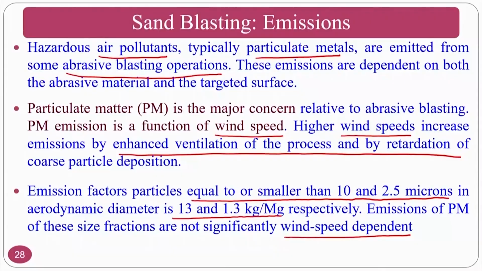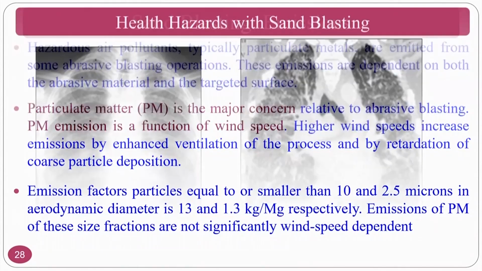If the particle size is 2.5 microns or less, what will happen? It will enter into the alveolar region and block the alveolar pores, then it will be a very big problem. But what this statement says is, if the particulate size is less than 10 microns or normally 2.5 microns, wind speed may not affect it, because the surface area is very high.